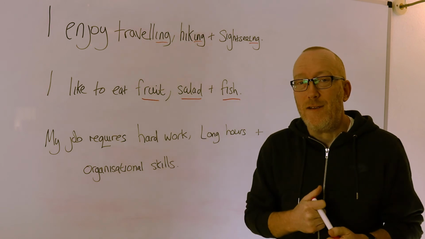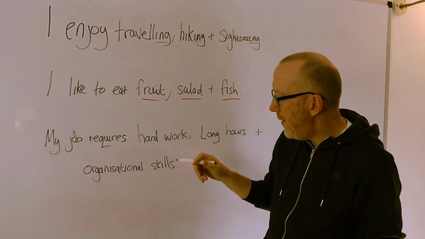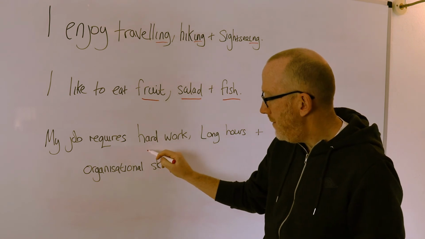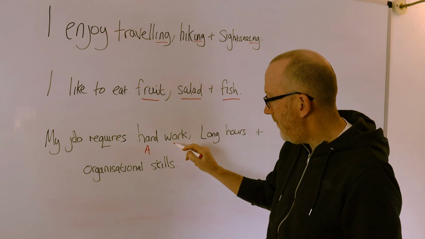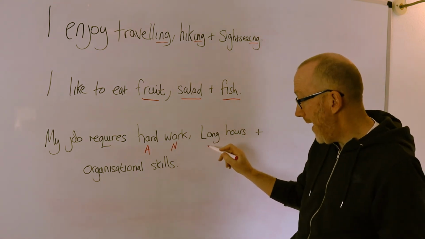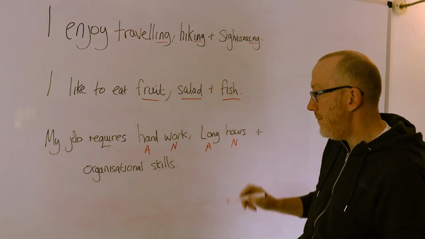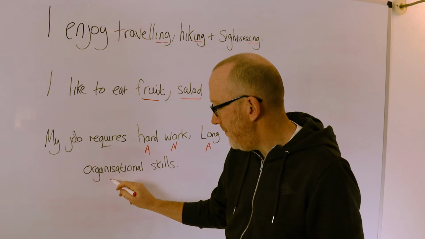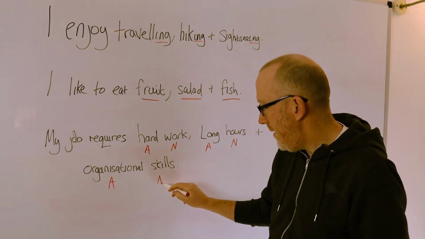Here, our third sentence has an interesting combination. Hard work. Hard is an adjective. Work is a noun. Long, again, adjective, hours, a noun. Organisational, an adjective, skills, a noun.